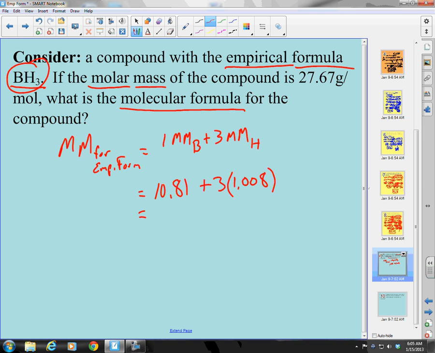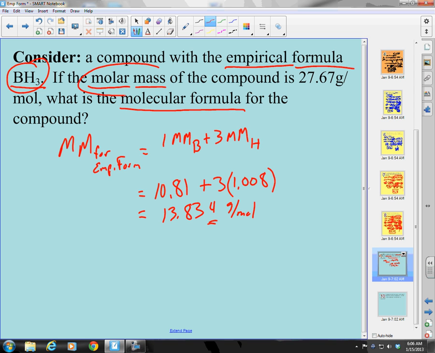And what do I get? 13.834 grams per mole.